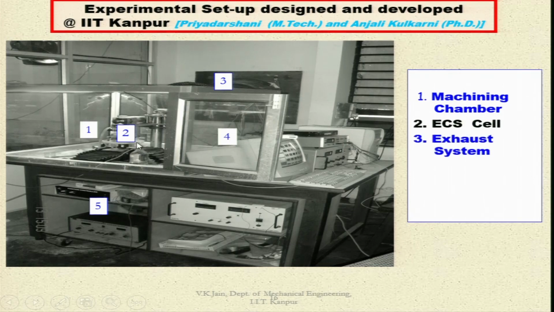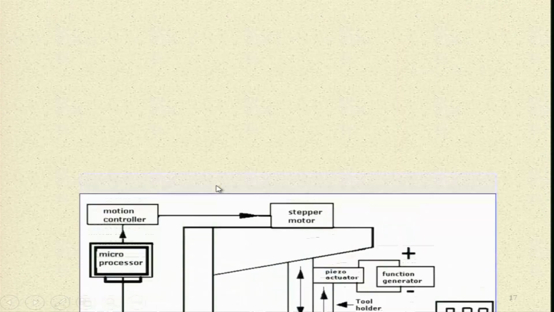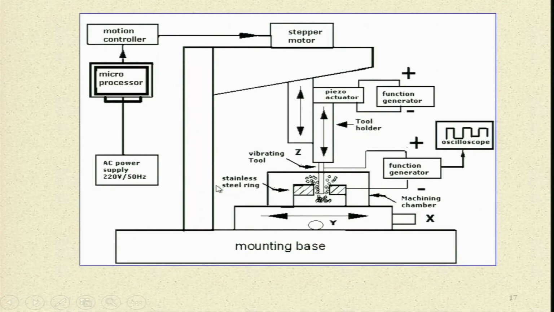You have the exhaust system going out, the fumes etc. will go out from here, outside the chamber and even outside the room. Then you have the PC for controlling various activities of this setup, and then you have the power supply system over here, and finally this is the schematic diagram of the same.